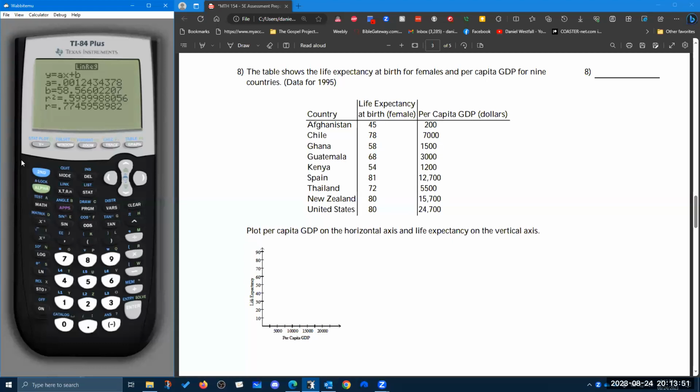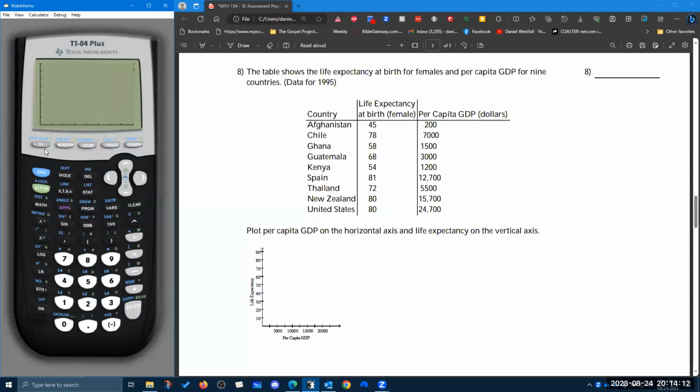And this is some positive correlation, but I'm not sure that I would want to base a model off of this with only a 0.77 R value, correlation coefficient.